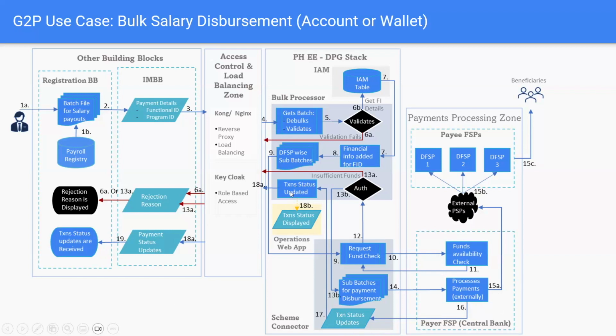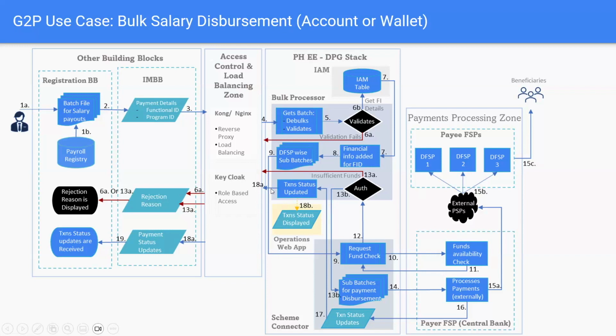Now there are two things which could happen. One was the operations web app view, which we were showing. It's an optional one. If you are viewing the transaction progress on the operations app, you could see that the transaction status has changed from in progress to completed.